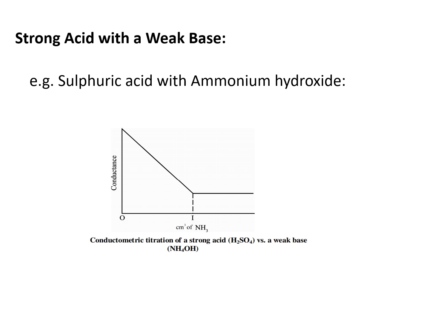Hence, the conductance does not vary much after the saturation point. And again here we get two intersecting straight lines. The point of intersection gives the equivalent point or end point. This is the kind of curve you get for conductometric titration between strong acid versus a weak base.